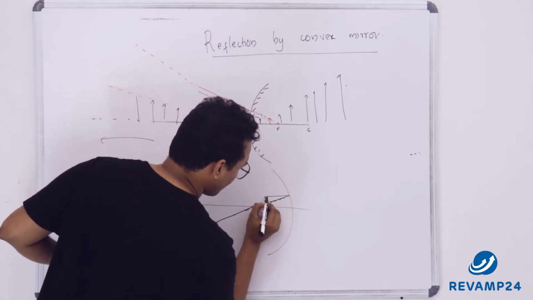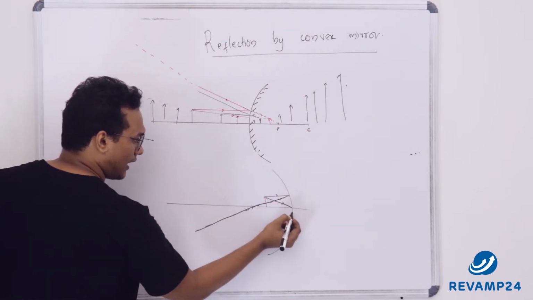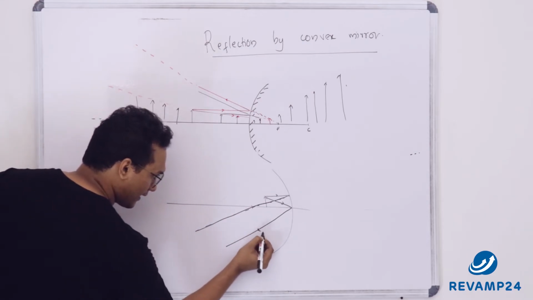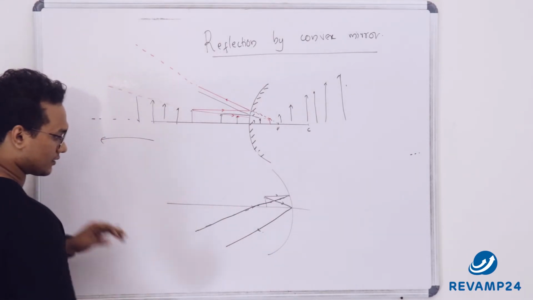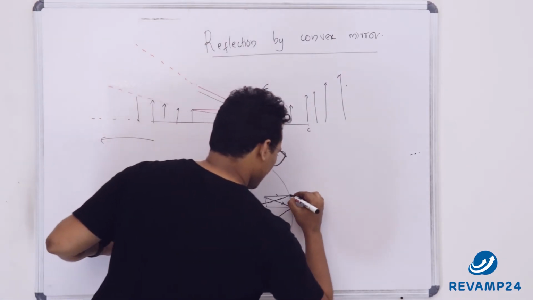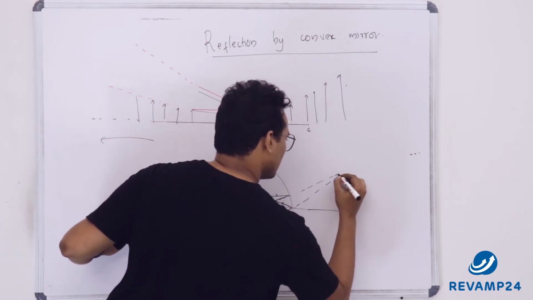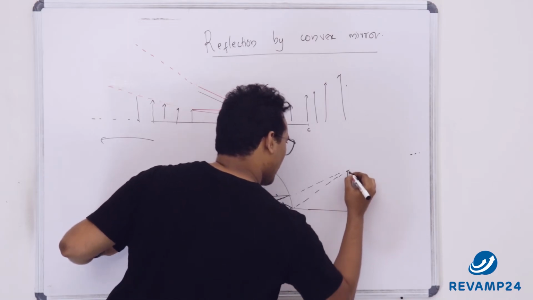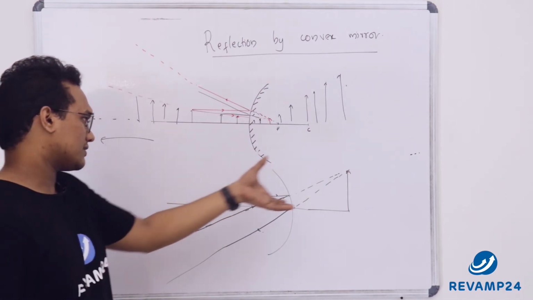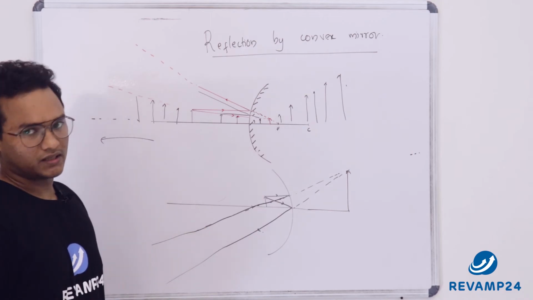Now this ray which is going towards the pole, after reflection, making the same angle with the principal axis, the reflected ray would go. Will these two intersect? No. These distances keep on increasing as they move. But when I extend these rays, we get an intersection at this point, which is an enlarged image. So this image is upright and enlarged as compared to the object.